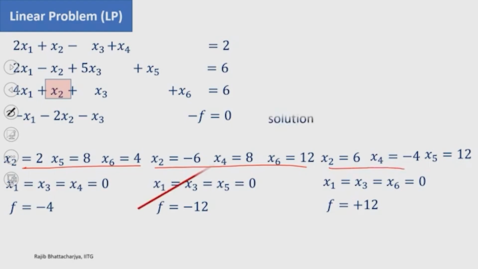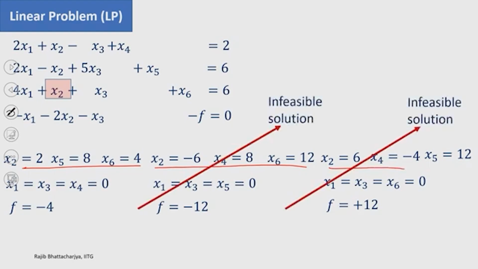As I said, this is an infeasible solution, and this is also an infeasible solution, because here x2 equal to minus 6 and here x4 equal to minus 4. That is not acceptable, because all these decision variables should be positive.